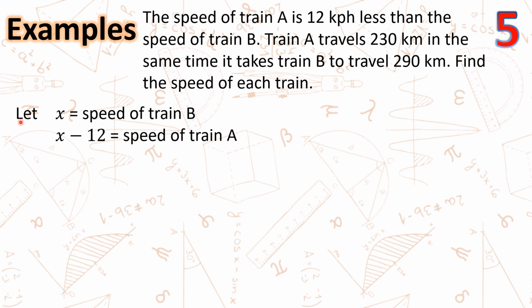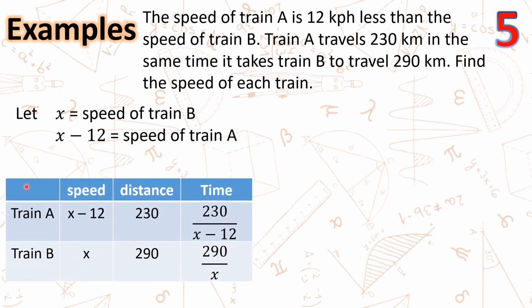And then let us approach this problem by using a table of the given. We have speed, time, and distance in columns, and then we have train A and train B in rows. So the speed of train B is x, and the speed of train A is x minus 12.